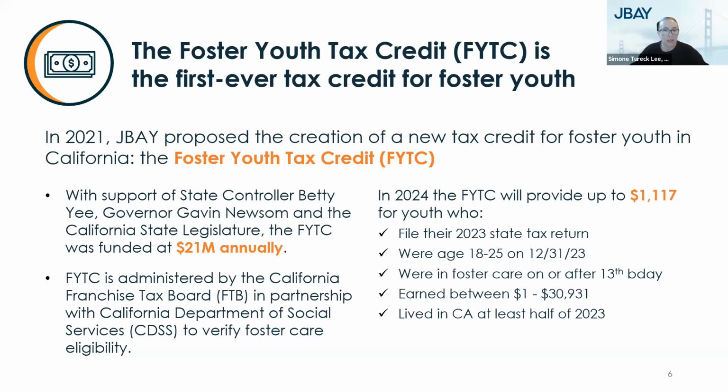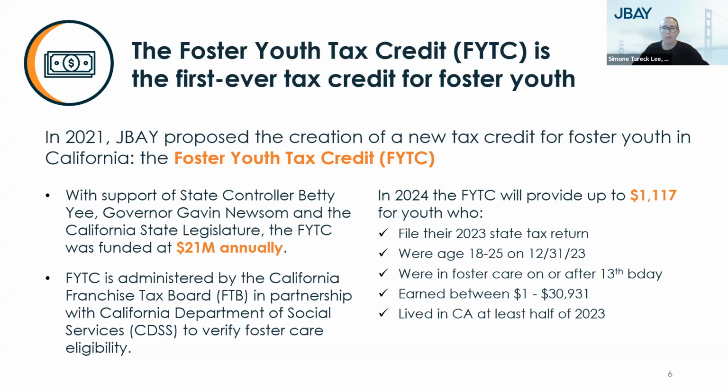The Foster Youth Tax Credit is a program of the California Earned Income Tax Credit, which we'll talk a little bit about later. And the credit amount increases slightly each year. So in 2023, it was $1,083. You're probably familiar with that if you've been following this. And next year, it's going to be $1,117. So that's the difference in the amounts. Youth who make up to $25,000 receive that full credit amount.